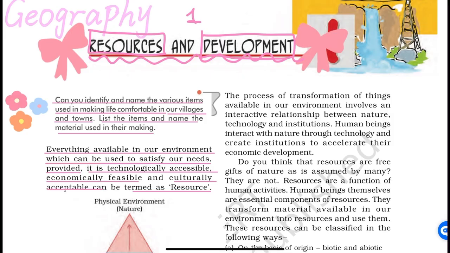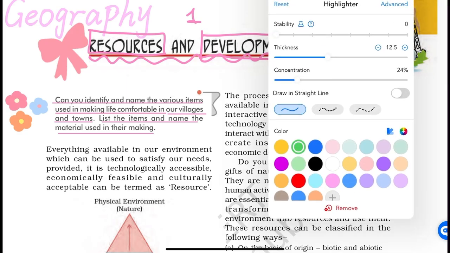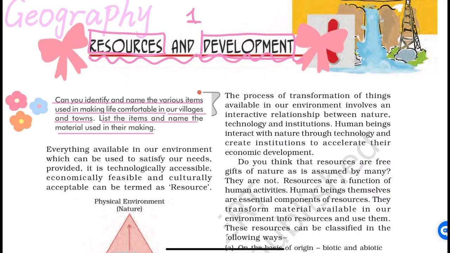So here is an important definition for what is a resource, and you must highlight it once, that everything available in our environment which can be used to satisfy our needs, provided it is technologically accessible, economically feasible, and culturally acceptable, can be termed as a resource.